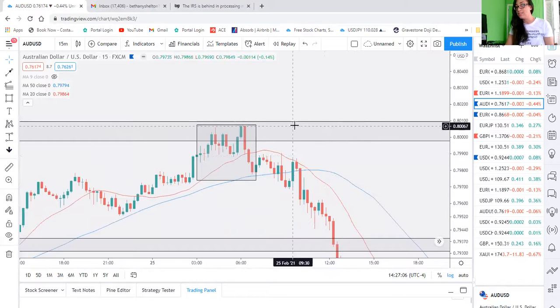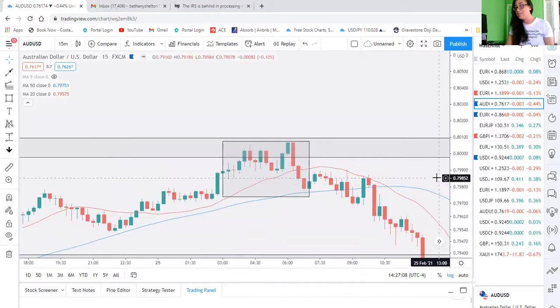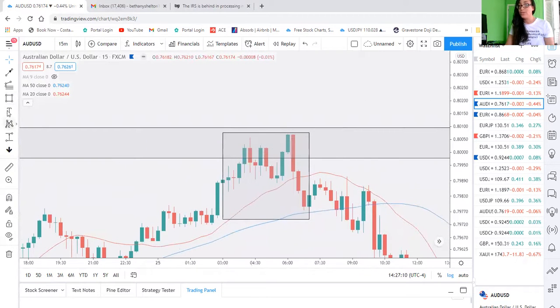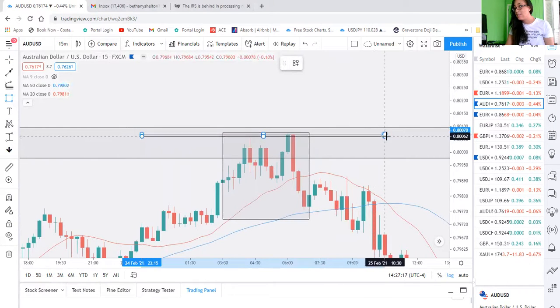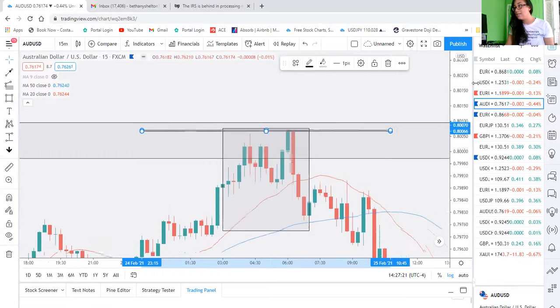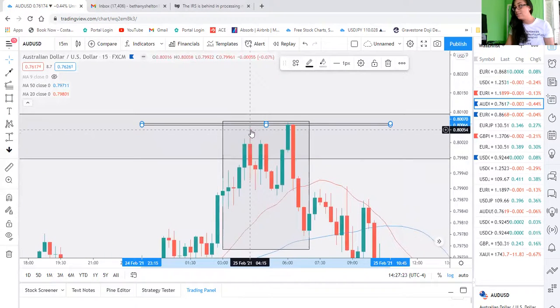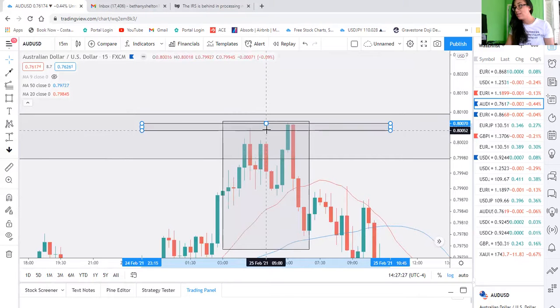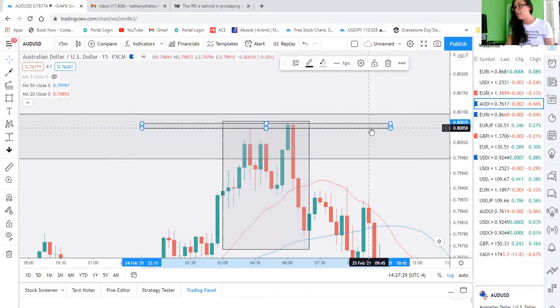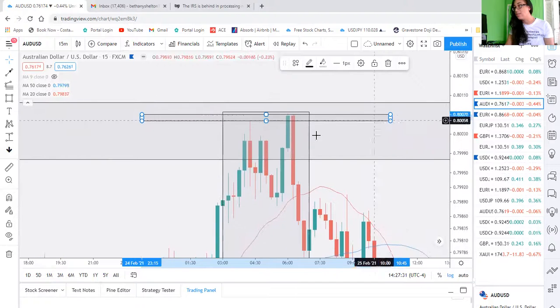And to be honest, I have really strict rules when it comes to double tops and double bottoms. And to be honest, guys, in my book, it's technically not a double top because both of these candles broke past the wick.